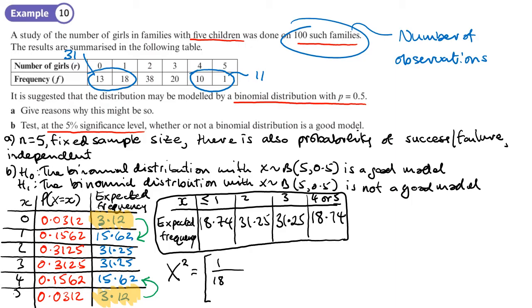Oh, sorry, not 13, 31 squared, because I'm combining them, aren't I? 31 squared over 18.74 plus 38 squared over 31.25 plus 20 squared over 31.25 again plus 11 squared, that's the last two combined, over 18.74, also over 18.74, don't square it, minus the number of observations, which was 100.